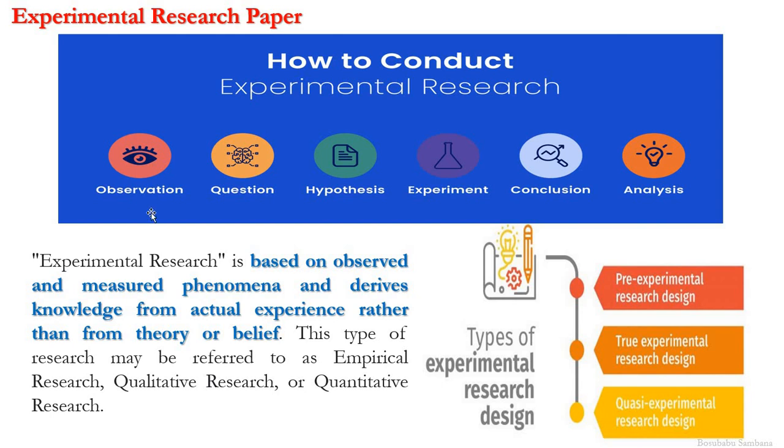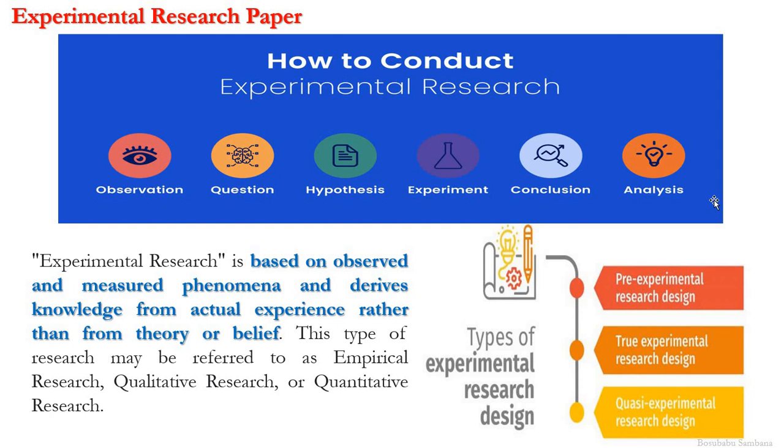That means observation, questionnaire, hypothesis, experiment, conclusion, and finally analysis. The generalized topic definition: experimental research is based on observed and measured phenomena and derives knowledge from actual experience rather than from theory and belief.